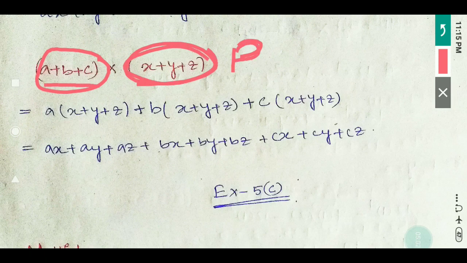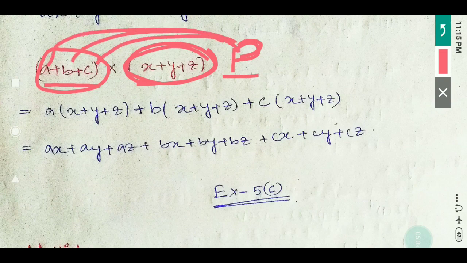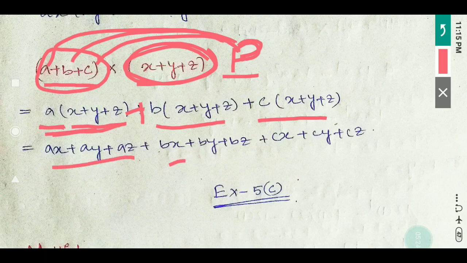So a plus b plus c into p is given. Then what will it be? a into p, b into p, c into p. So a into p means x plus y plus z, plus b into p, c into p, as I have written. Now you do the multiplication as you learned in exercise 5b: a into x, ax, a into y, ay, a into z, az, bx, by, bz, cx, cy, cz.